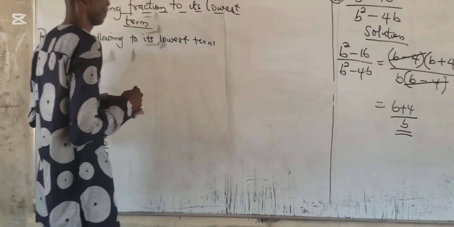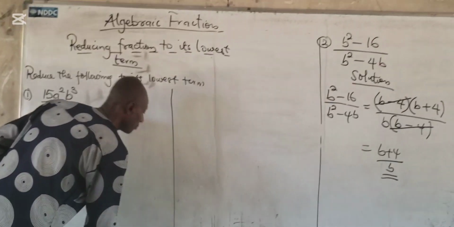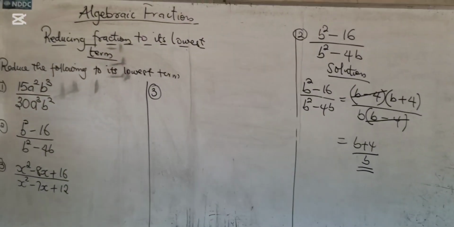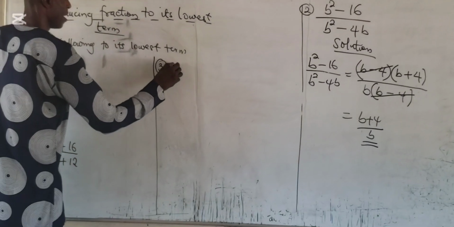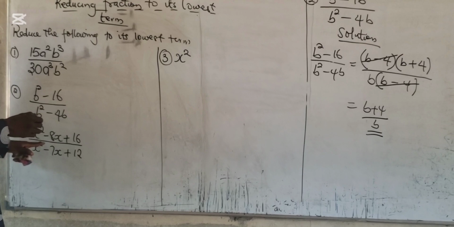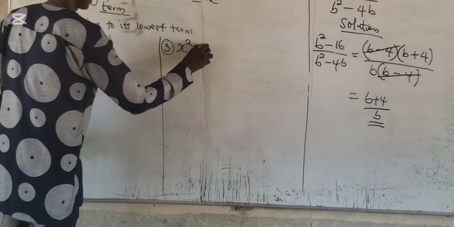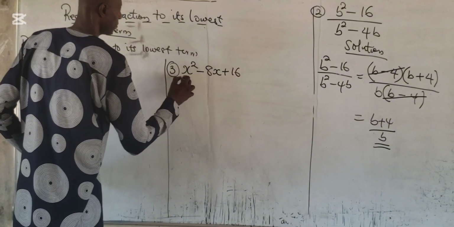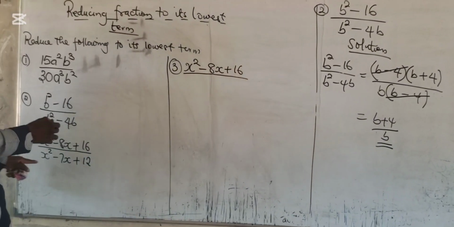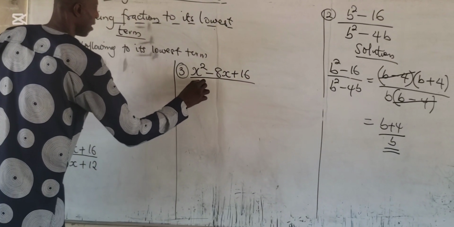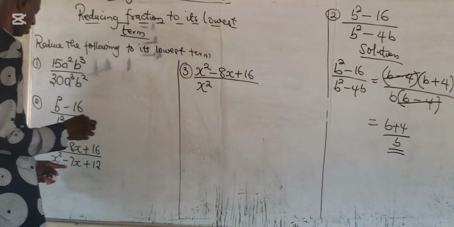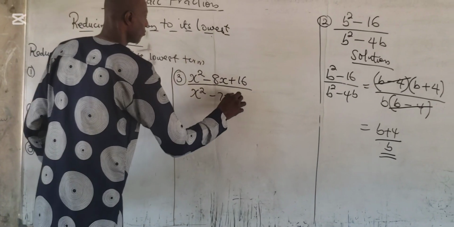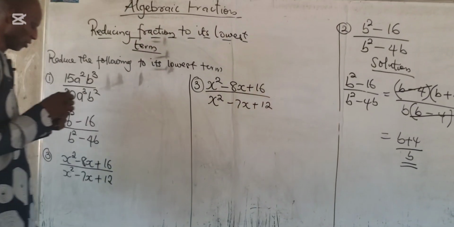So let's do number 3, which says x raised to the power of 2 minus 8x plus 16 all over x raised to the power 2 minus 7x plus 12. All right, what do we do?